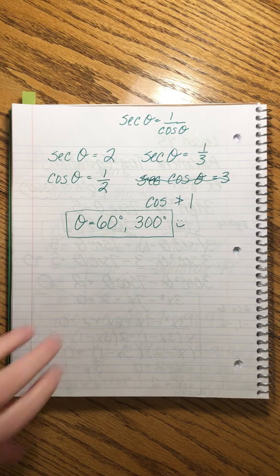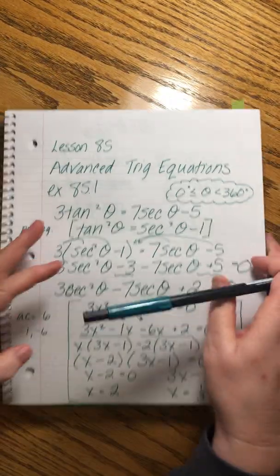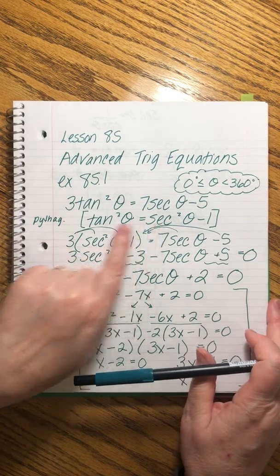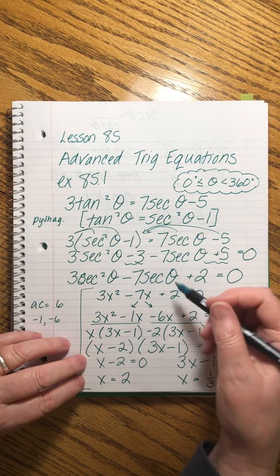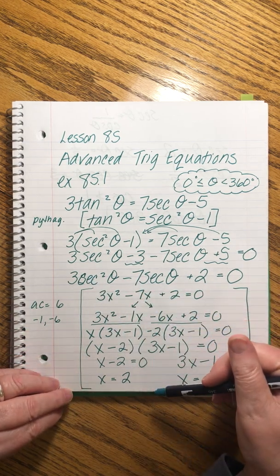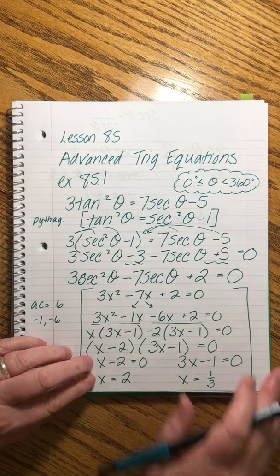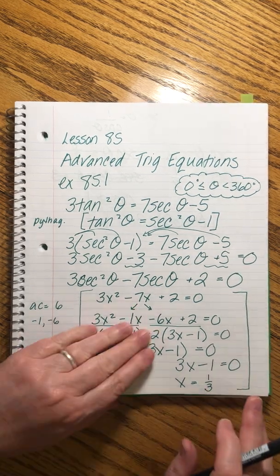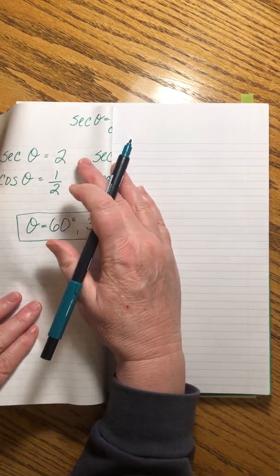All right? I think the trickiest part of this problem, using the Pythagorean identity to switch it from tangent to secant, that's not super hard. The hardest part is knowing that we can take this and factor it using our algebra skills all the way down to the solution and then take these values and put them back into the secant part of the problem.